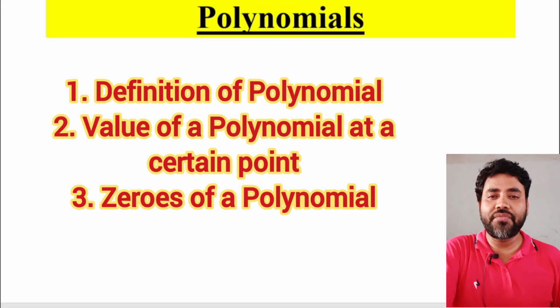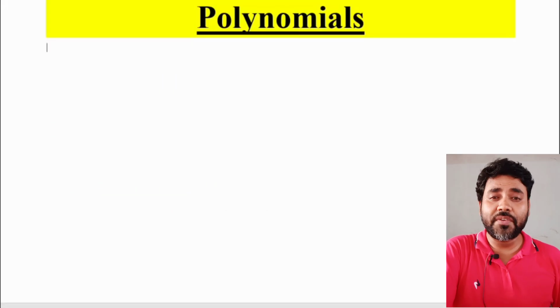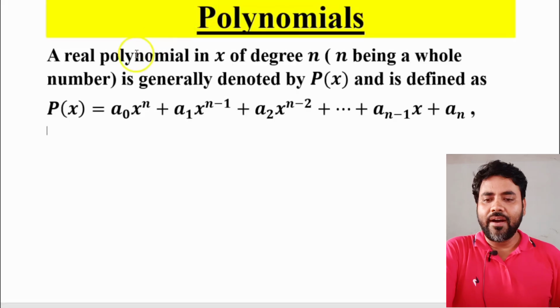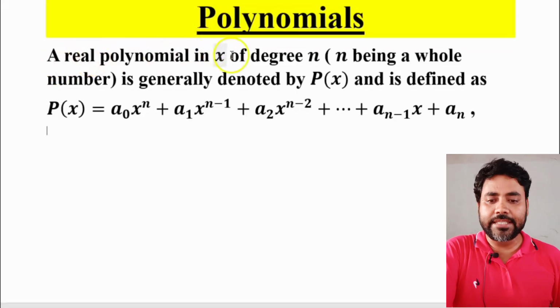First we define a polynomial. So what is the definition of a real polynomial? We define this as a real polynomial in x of degree n. n can be any whole number like 0, 1, 2, 3, 4, 5, these are whole numbers.